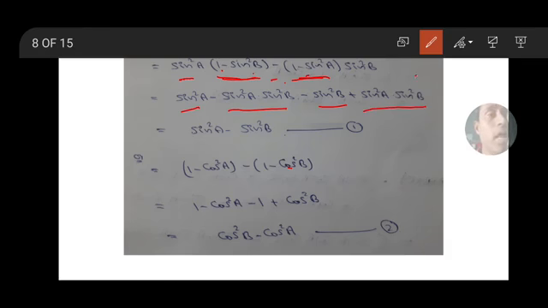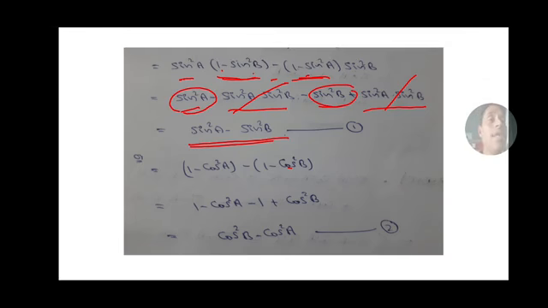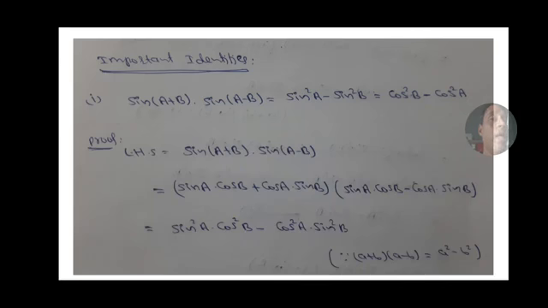The plus and minus sin square a into sin square b terms cancel. We get only sin square a minus sin square b. It is the first result, sin square a minus sin square b. This one is over.